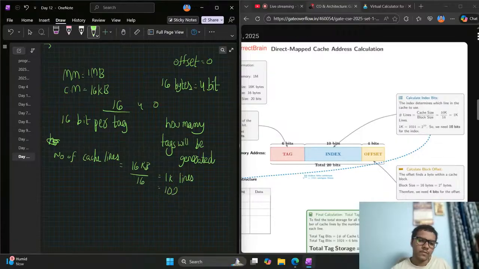So 1024. So 2 power 10. Offset. The offset finds a byte within the cache block.